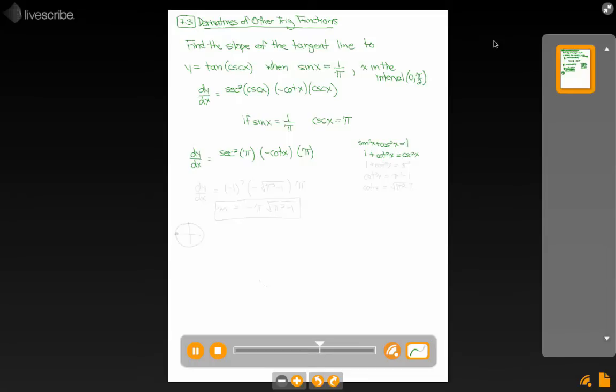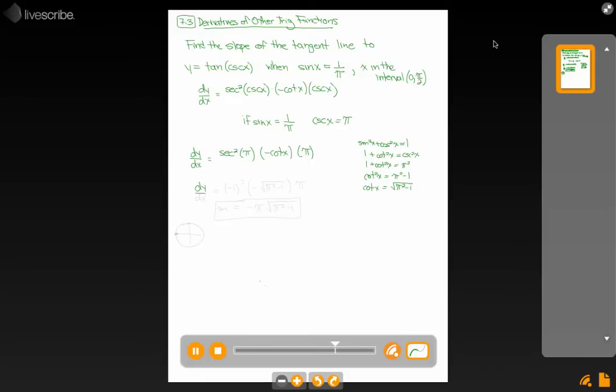And so in this case, pi squared equals 1 plus cotangent squared. So cotangent squared equals pi squared minus 1. Cotangent equals plus or minus the square root of that, but since we're in the first quadrant, I don't have to worry about the minus, and so I've got cotangent equals the positive square root.